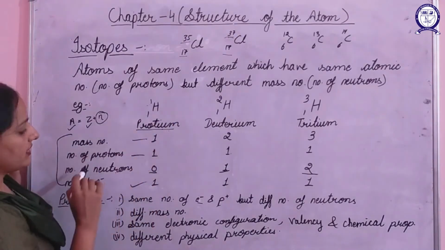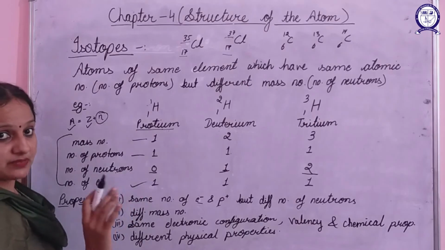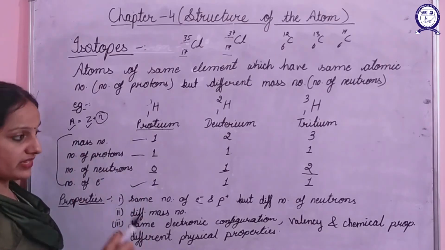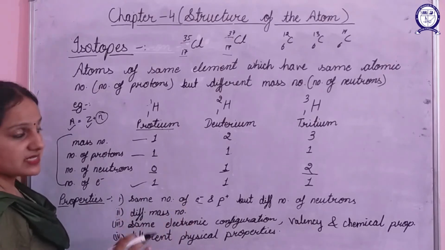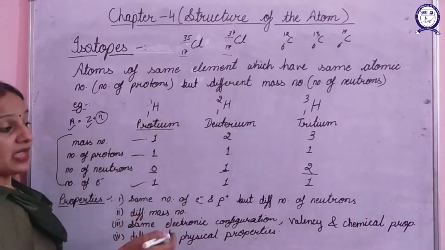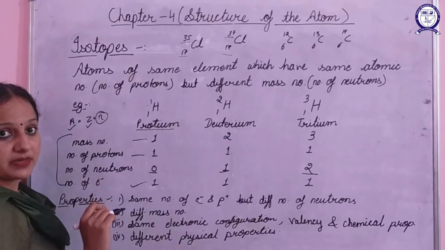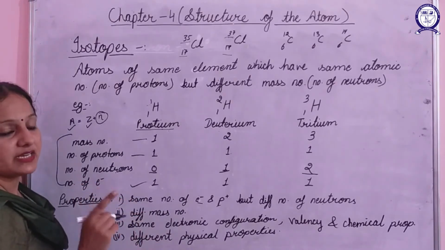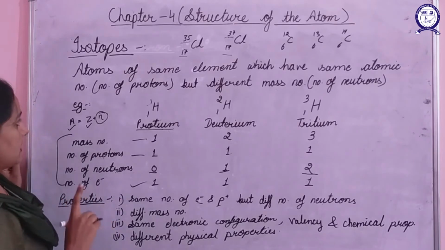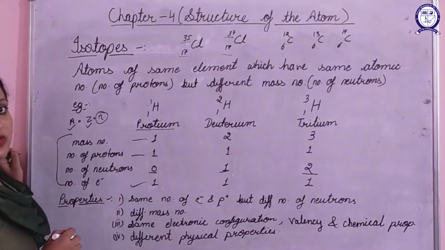Third, if the atomic number remains the same, then electronic configuration, valency and chemical properties will also be the same for different isotopes. But the physical properties of different isotopes will be different. So this was about the definition and the properties of isotopes.